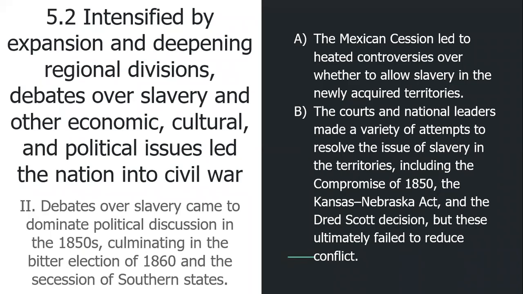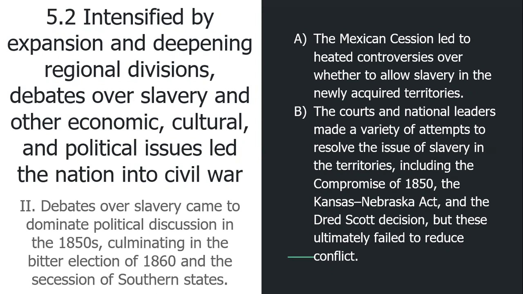But in conclusion, during the 1850 to 1860 time period, we're going to see a heavy intensifying of the divisions between the different areas of the country, between the North, the South, the West. The debates over slavery, economy, and the culture of the country are all coming into question and leading us further and further towards civil war.